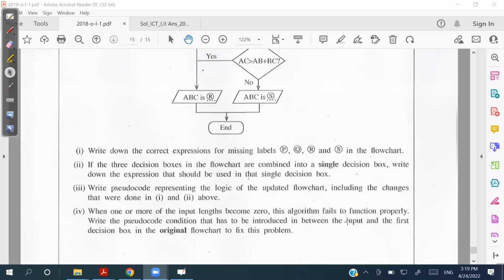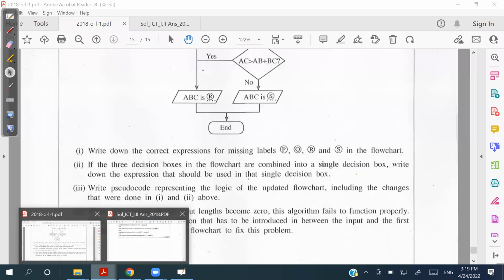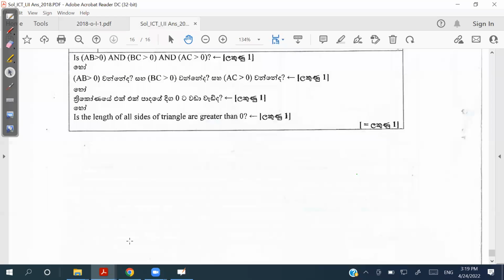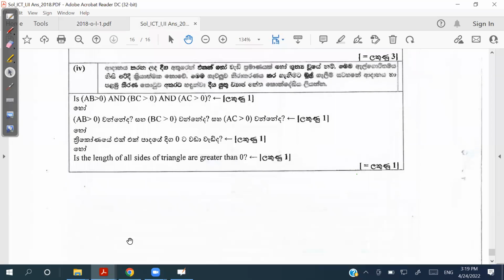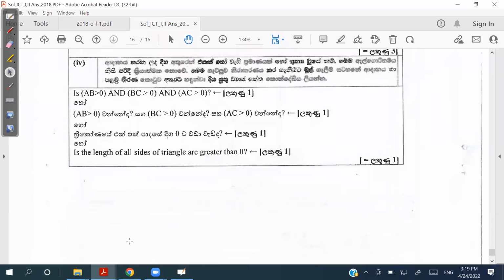So in simple terms, we have to check whether it is a 0 or not. So we can check it like this, right? So we have to check each and every input, whether it is larger than 0.